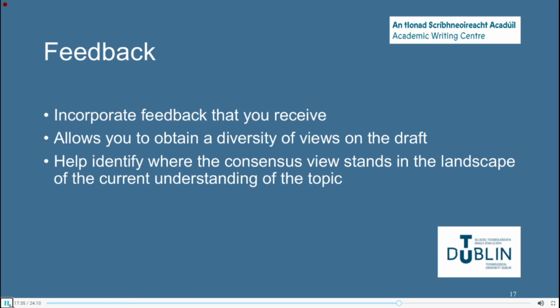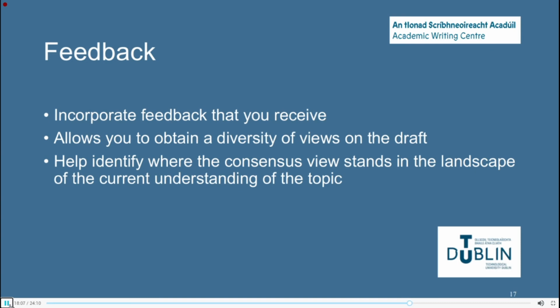And sometimes you can obtain a diversity of views on your draft. This perhaps may lead to contradictory views on the merits of the paper or on how to improve it. But in such a situation, it is better to consider the diverse views and adopt your final point of view from where your research is going.